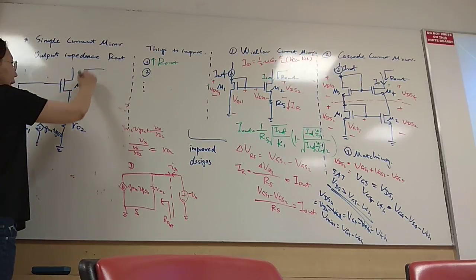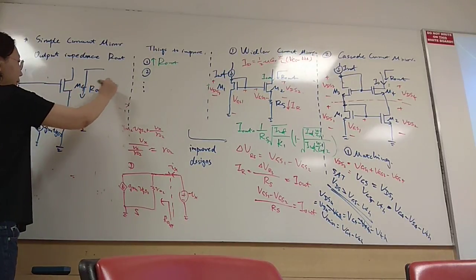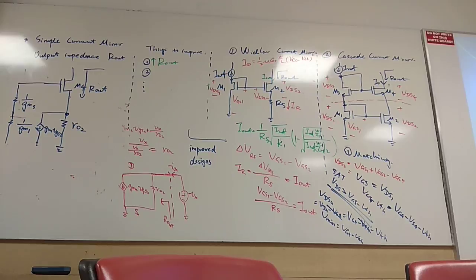Okay. What's my R out? For this current source it is 0. We already discussed, because this terminal is not connecting to any voltage source, there will be no current. So you're only left with R out 2.